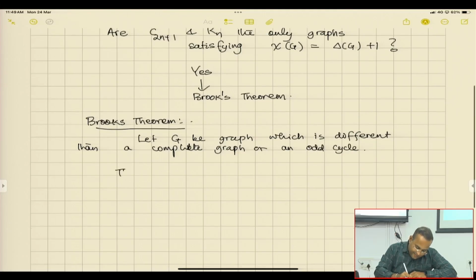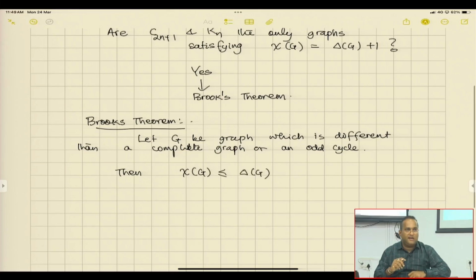Then chi G is at most delta of G, right?